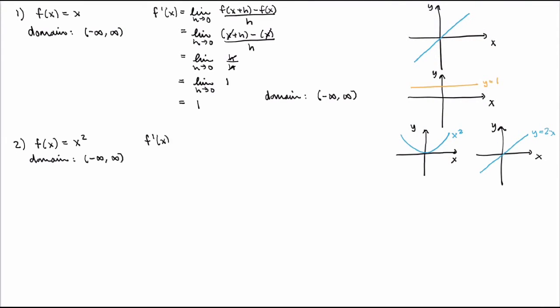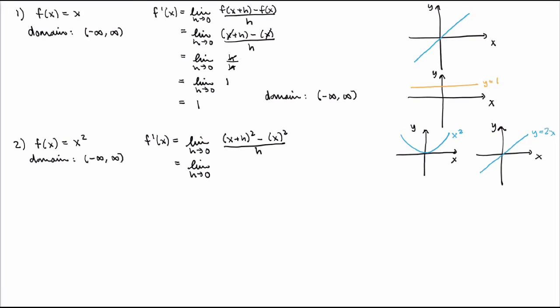So f prime of x here is again given by the same formula as the limit of the difference quotient. So I'm going to substitute right away the function here for the actual function. So I get x plus h squared minus x squared divided by h. Now to evaluate this limit, I need to do some simplification.